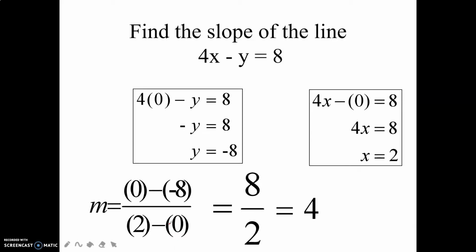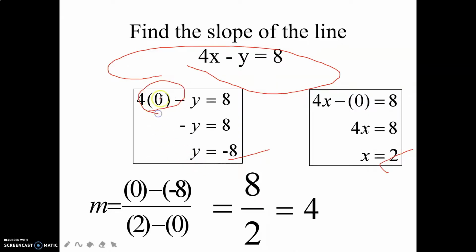Okay. What if we are asked to find the slope given the equation? How do we find the slope? So, for our first method, we can simply get the x- and y-intercepts. To get the y-intercept, you just replace the value of x with 0. When you replace it, this can be cancelled.